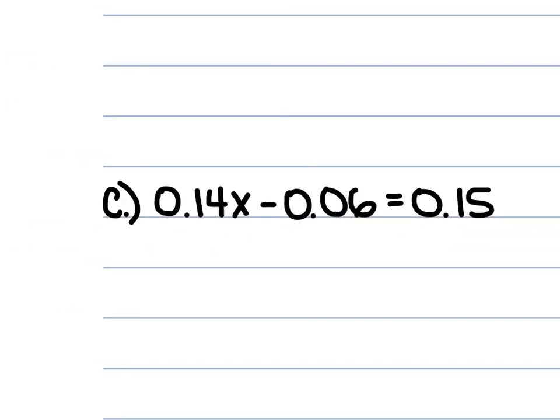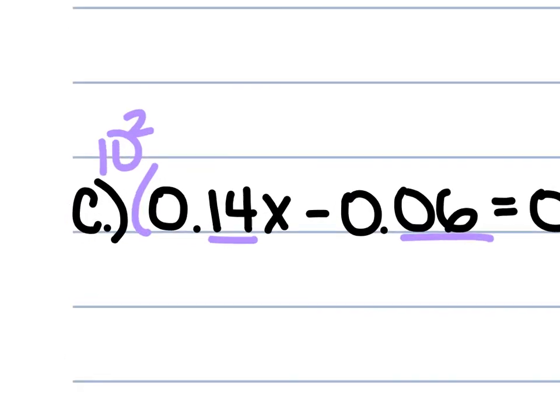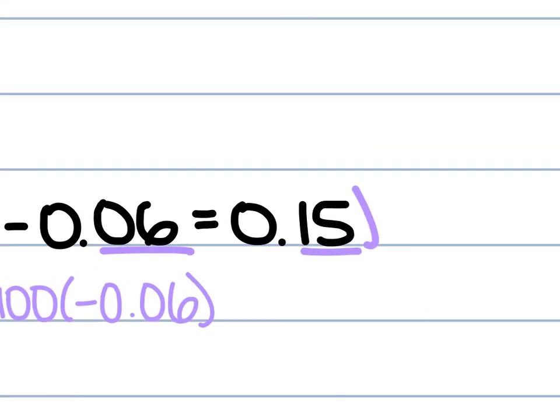For our next one, we have 0.14x minus 0.06 is equal to 0.15. So we're going to multiply this entire thing by 10 to the second power because we have two decimal places here. So this is going to be 100 times 0.14x plus 100 times negative 0.06 is equal to 100 times 0.15.